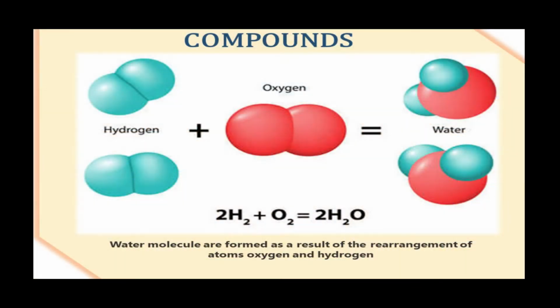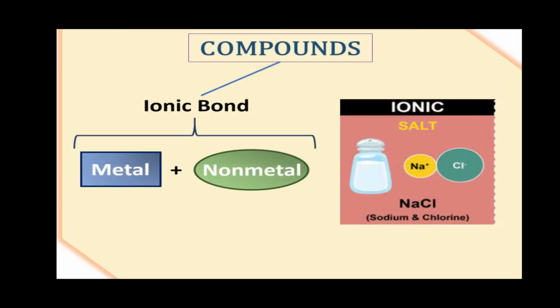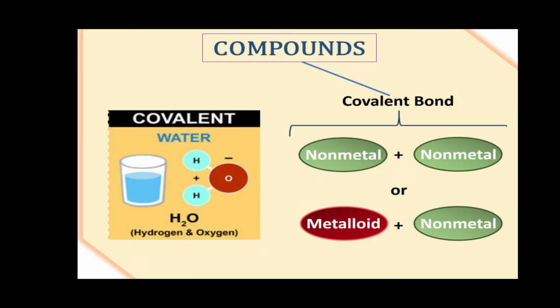Compounds are formed between the chemical combinations of two or more separate elements. There are two common types of compounds based on their chemical bonding characteristics: ionic compounds and covalent compounds.